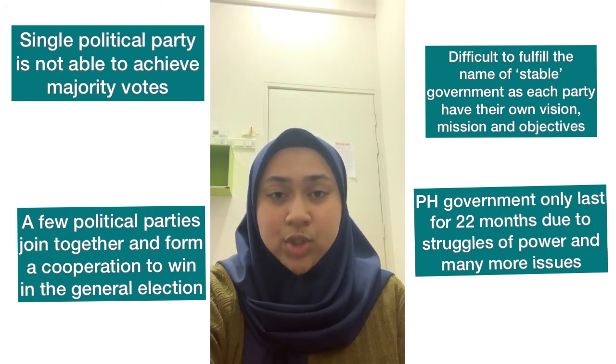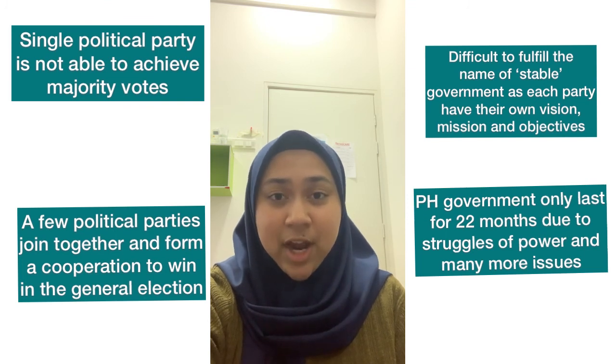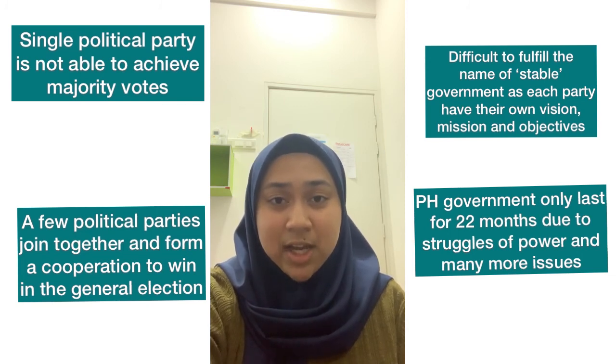We were also shocked by the news from the media saying that Tun Dr. Mahathir bin Mohamad was pressured by DAP, Amanah and PKR to hand over his post as the 7th Prime Minister of Malaysia to Datuk Sri Anwar Ibrahim. The reason behind this issue is that they were saying Tun Dr. Mahathir Mohamad was too old for his post and he should hand over to a younger one.